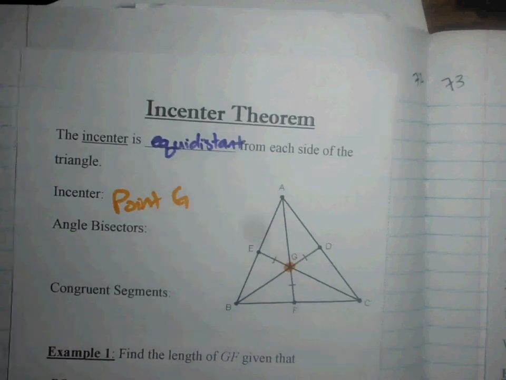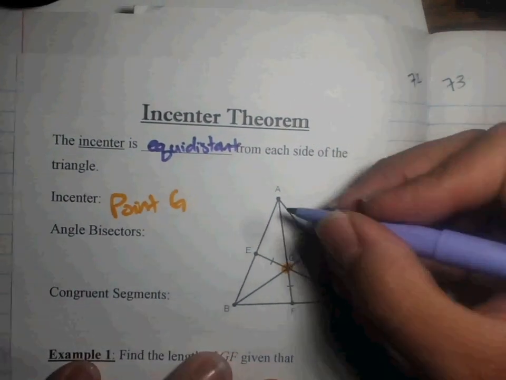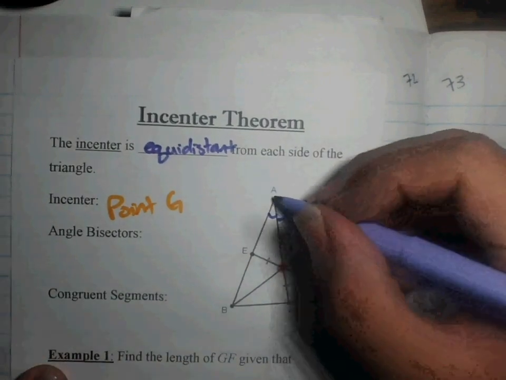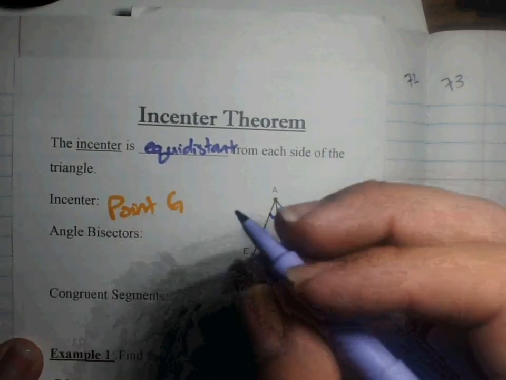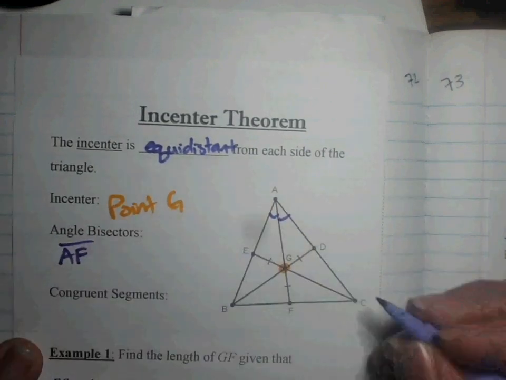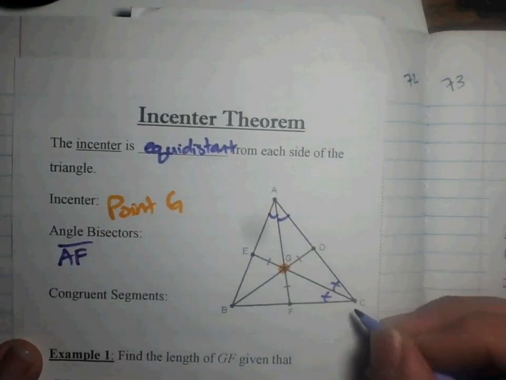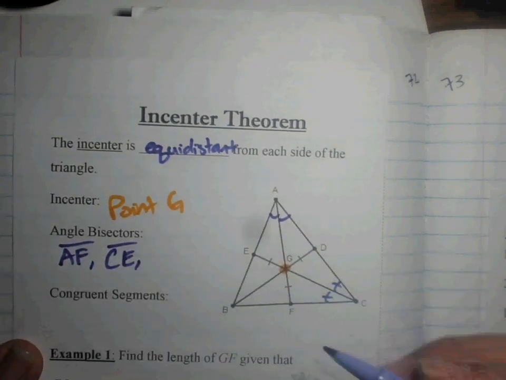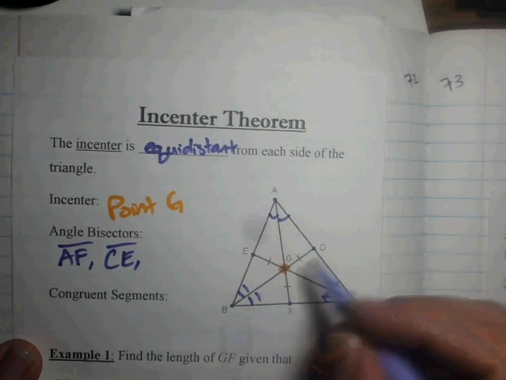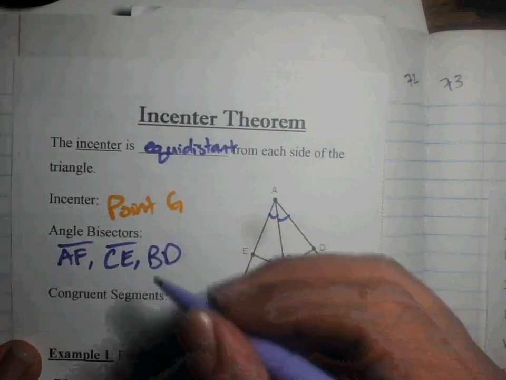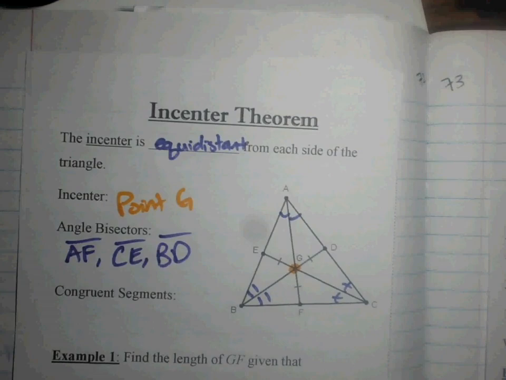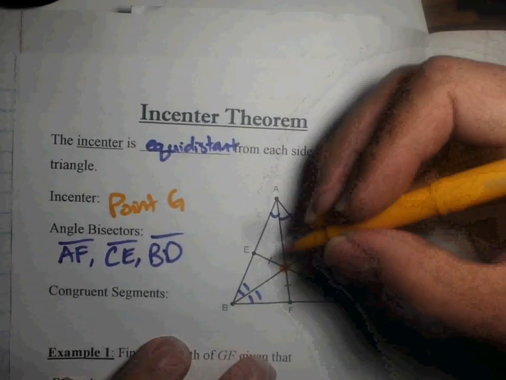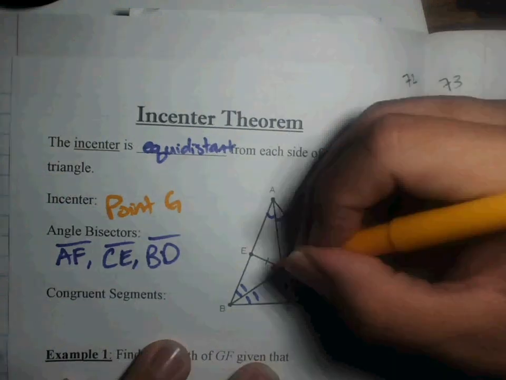The angle bisectors are from A, where angle bisector means these angles are congruent, A to F. On this side it's C to E, and then here we have B to D. What this means is we have these congruent segments, from the incenter to the sides.